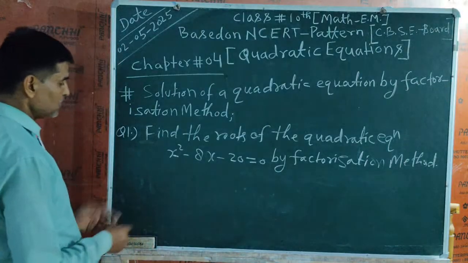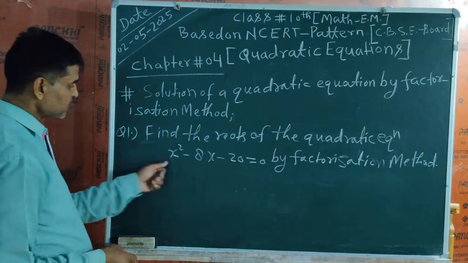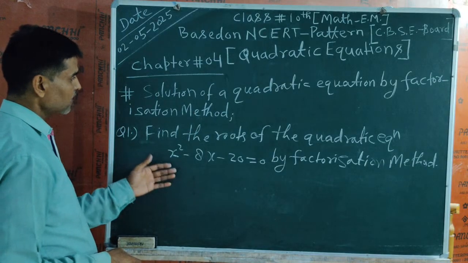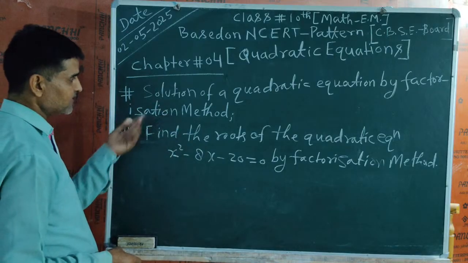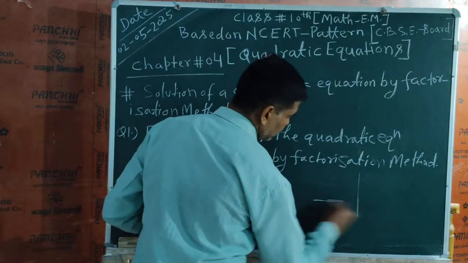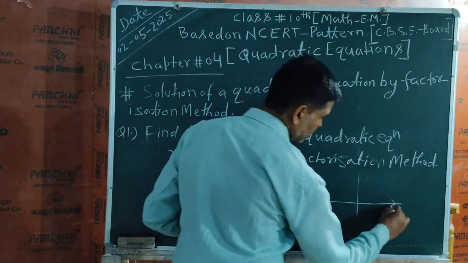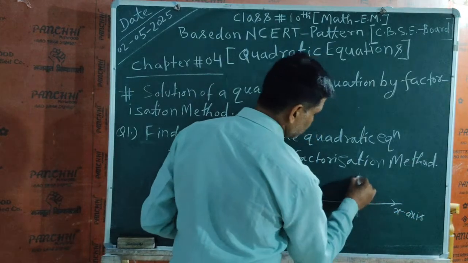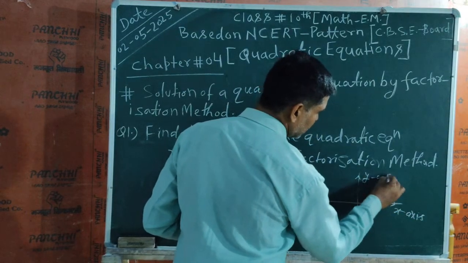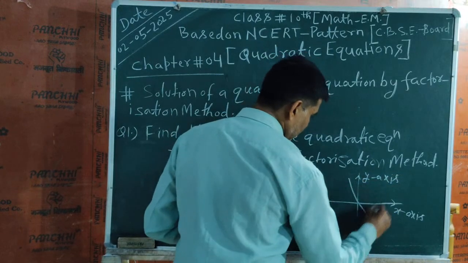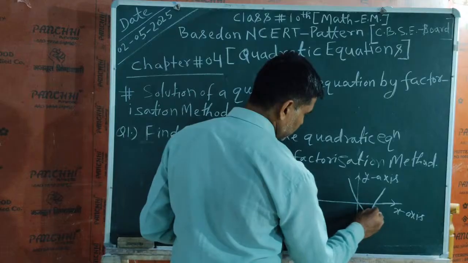Here the coefficient of x square is positive, so its curve will open in the upward direction. Okay student, this is the x-axis. I am writing here x-axis, and this will be the y-axis. If I draw this curve, it will look like this.